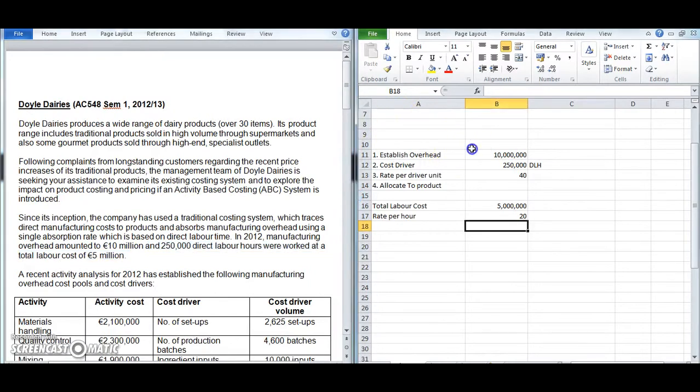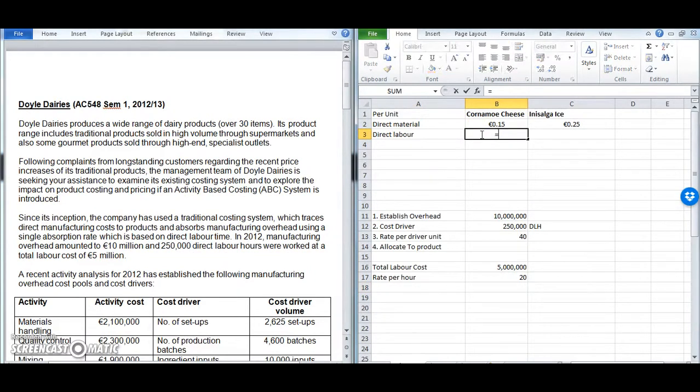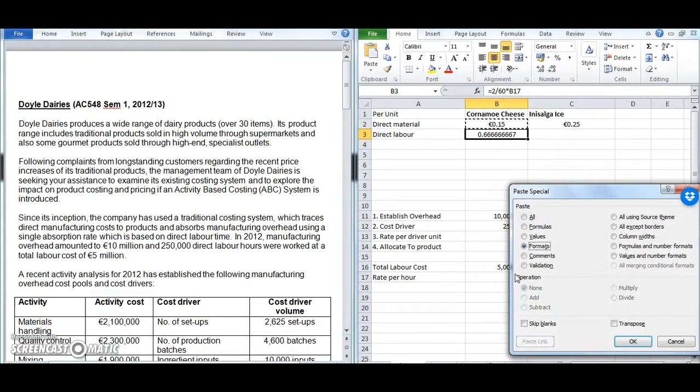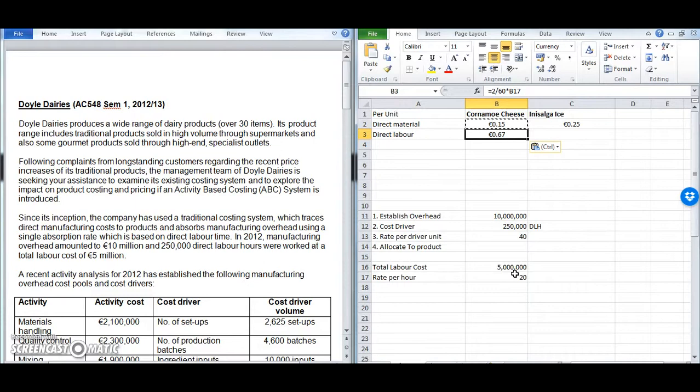So 2 minutes, equals 2 over 60, 60 minutes in an hour, times 20. So essentially they're going to use about 0.67 for every unit in terms of labour cost. And you'll notice it's the same for here, 2 over 60, they still use 2 minutes, times your 20 euro. Let's change that.